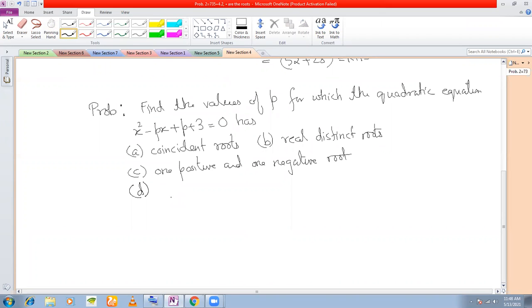Next question is both positive roots. And final question is both negative roots.